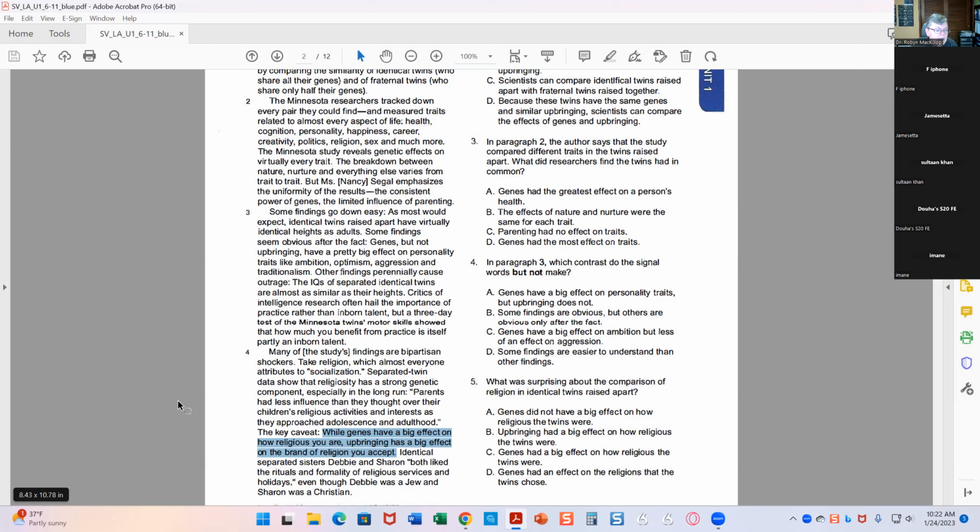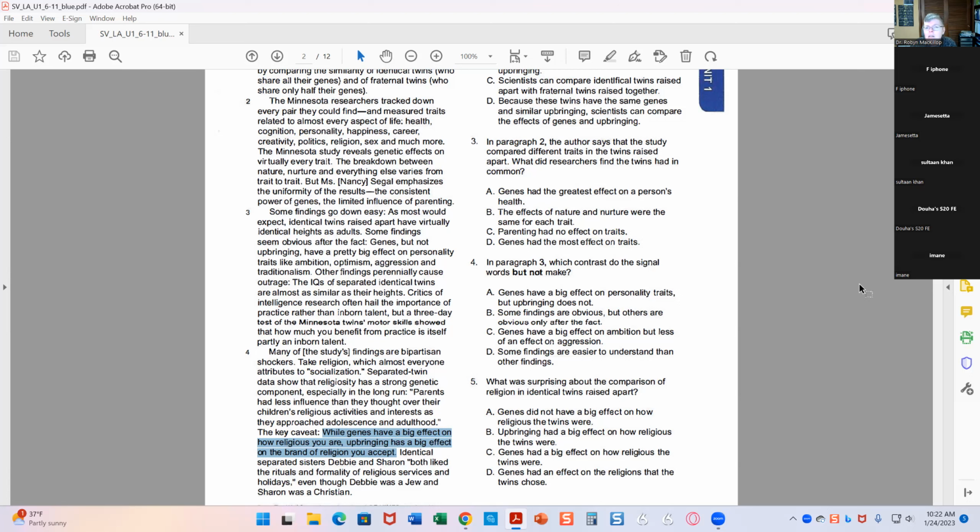It's going to be C. C. Yeah, genes had a big effect on how religious the twins were. But this is confusing because those answers are so similar. You know, it's an idea that's slightly different.